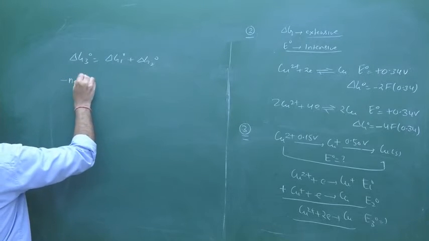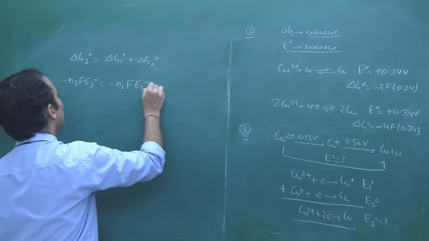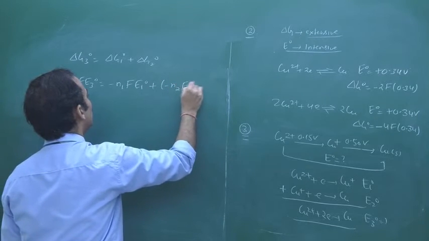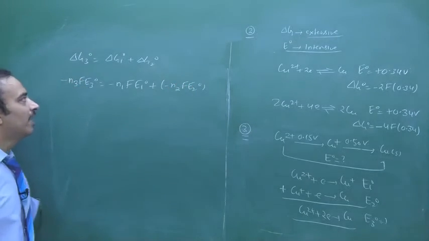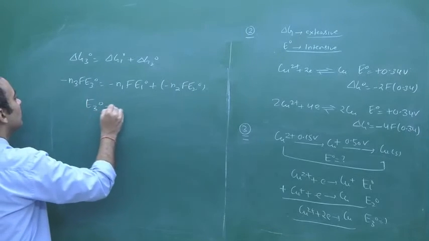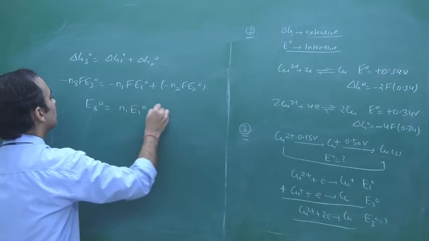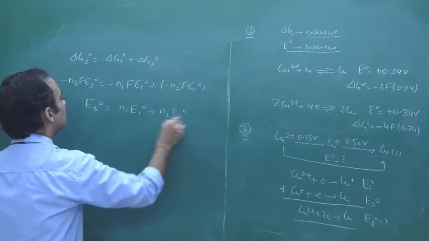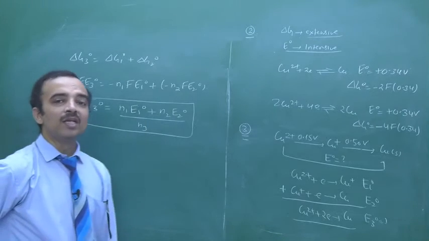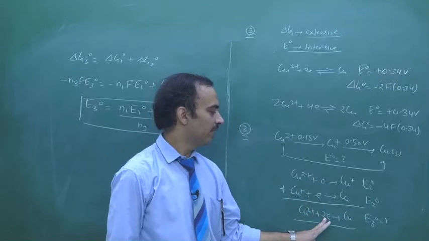Therefore minus n3F E3 naught equals minus n1F E1 naught plus minus n2F E2 naught. Let us divide both sides by minus n3F. Is it clear?